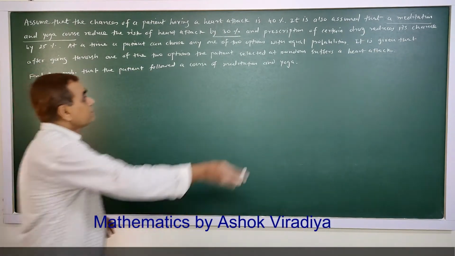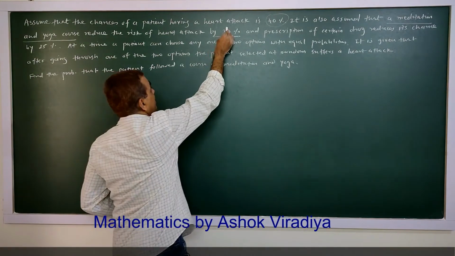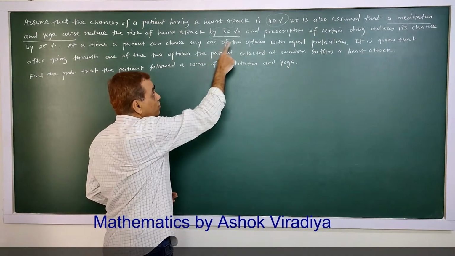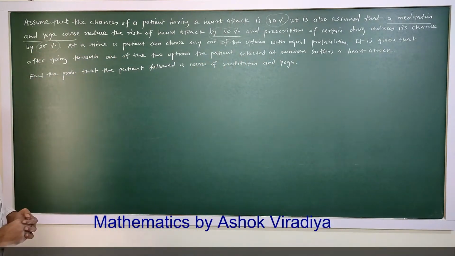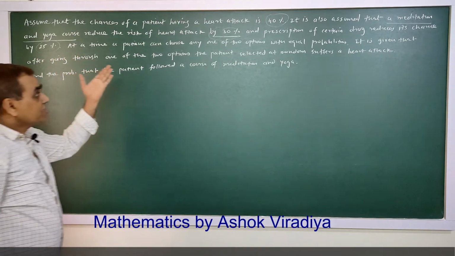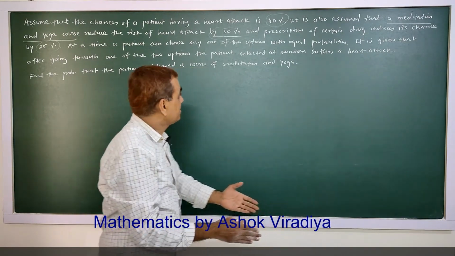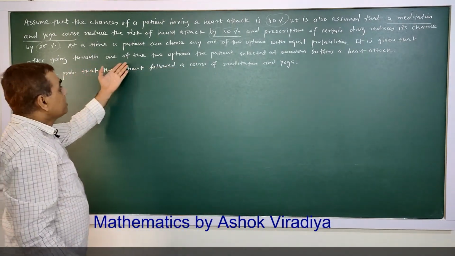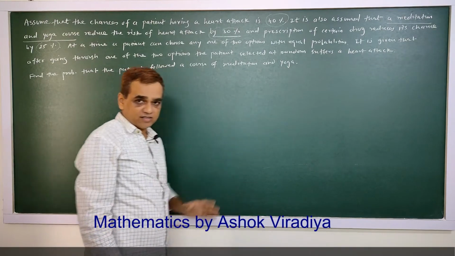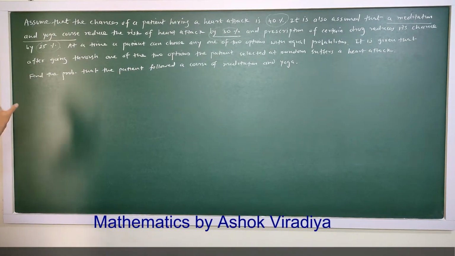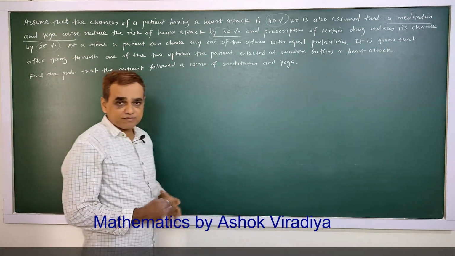Without doing anything, risk is 40%, and after doing something, it reduces by 30%, means 30% of 40 and 25% of 40. At a time, a patient can choose any one of two options with equal probabilities. It is given that after going through one of the two options, the patient selected at random suffers a heart attack. Find the probability that patient followed a course of meditation and yoga.